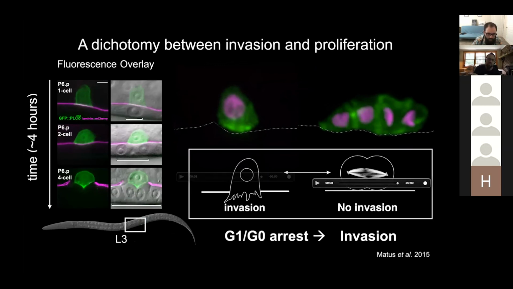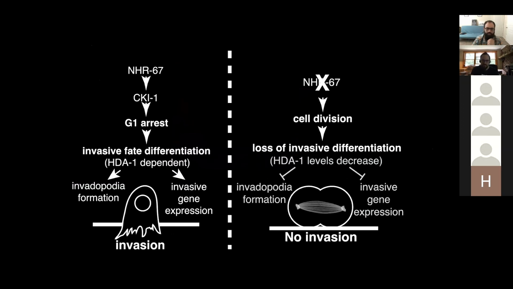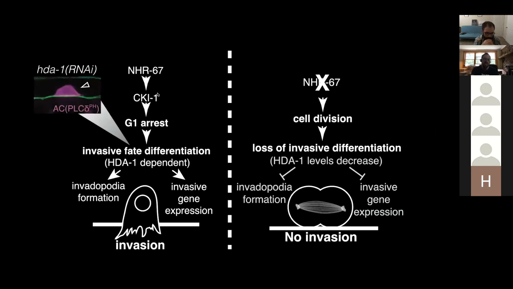And so that led us to a hypothesis that cell cycle arrest is important for invasive behavior. And so our model at the time was that the transcription factor's job was to positively regulate the activity of CDK1. This kept the anchor cell in G1, G0, and that downstream of this, a chromatin modifier, an HDAC, HDA-1, was important for maintaining this differentiated state.